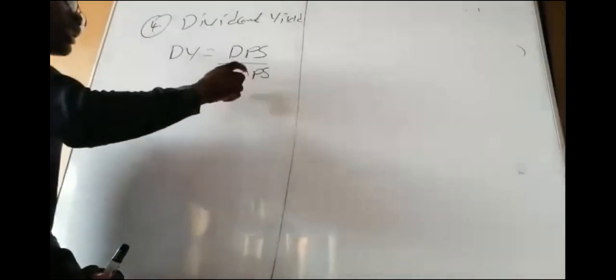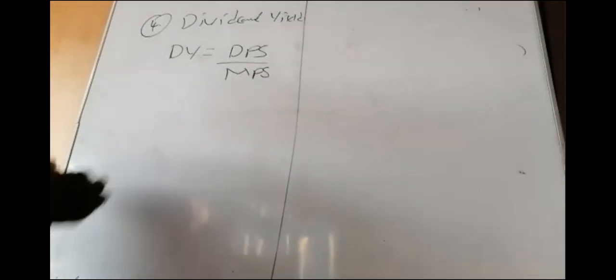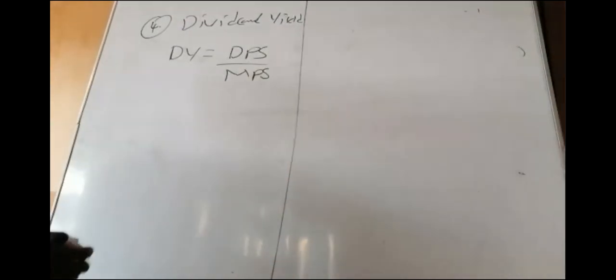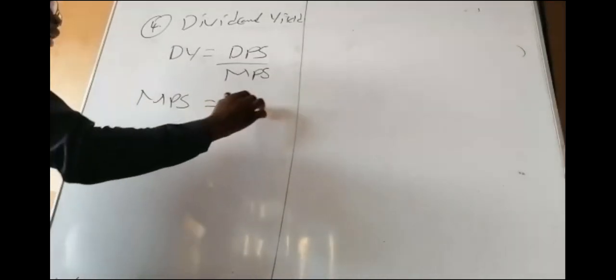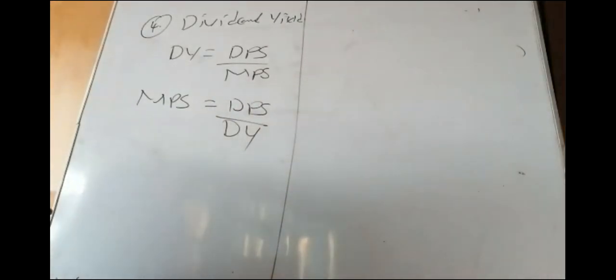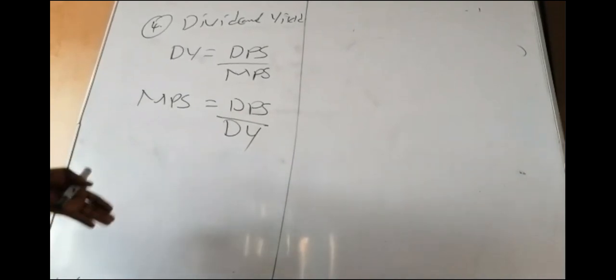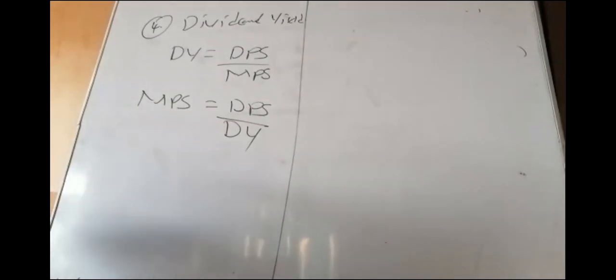Here you have to make market price the subject. So under this method, the market price is the dividend per share over the dividend yield. So that's the formula. How we calculated the earnings yield is the same thing here. Anywhere you saw earnings, replace it by dividend.